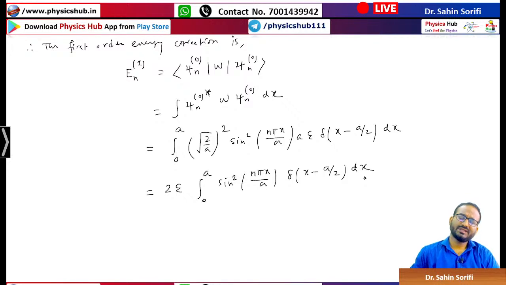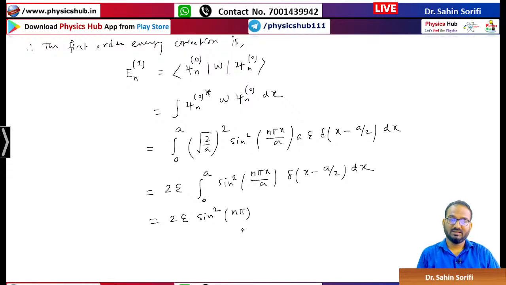Now you know the integration: if x is equal to a by 2, this integration will survive, otherwise it will not. So by putting x equal to a by 2, you get 2 epsilon sine square of n pi by 2, using the properties of Dirac delta integration.